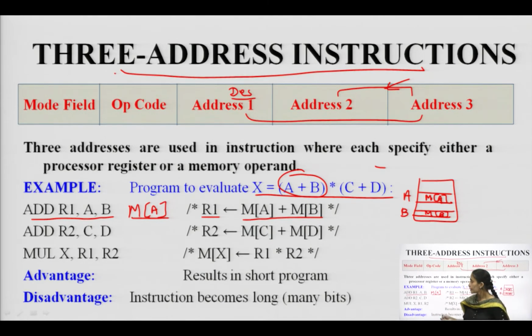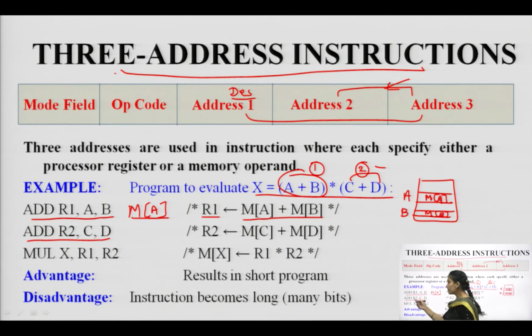Then the second instruction will be performing C plus D in the second step. So, for performing C plus D, the instruction will be written as the mnemonics, that is in the assembly language.